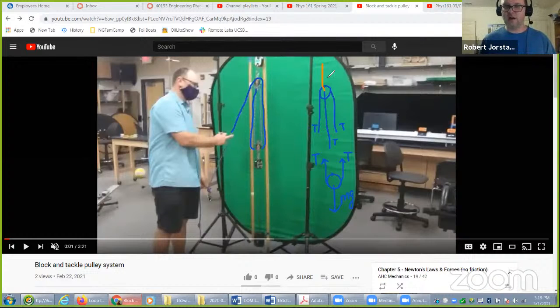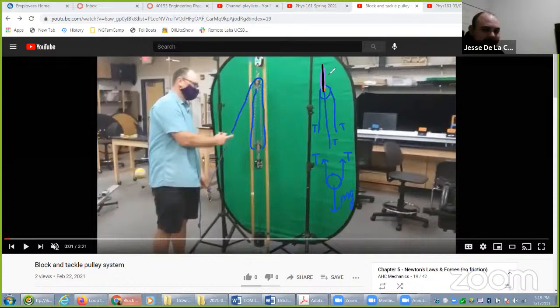So what does the upper one, how much load does the upper string have to support? So this string up here, what does that have to support? How much of the weight? All of it. So 2T? Or is it 1T? mg.